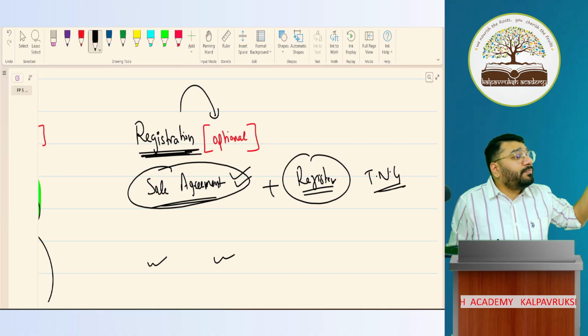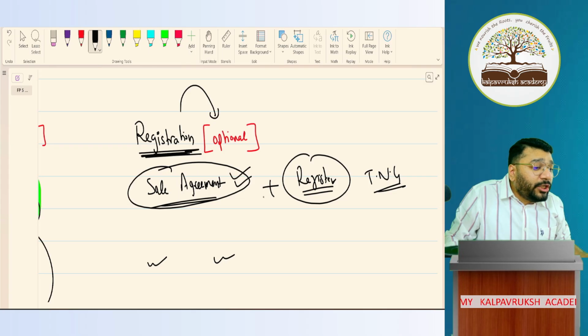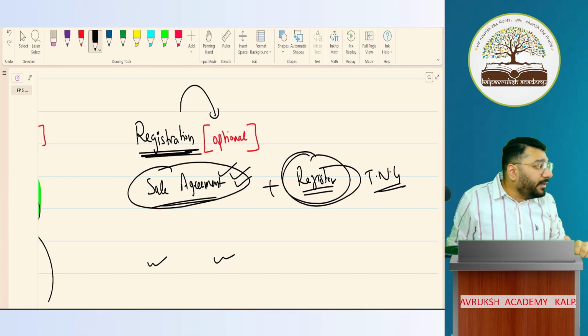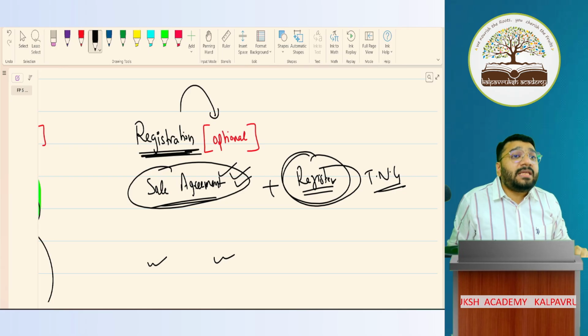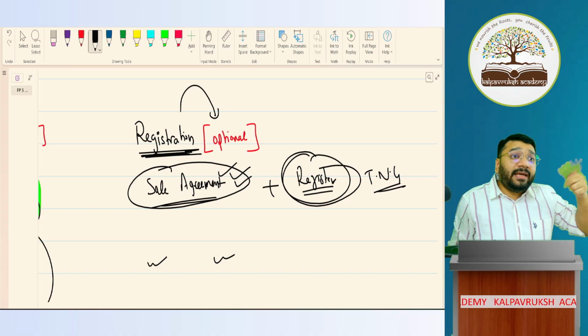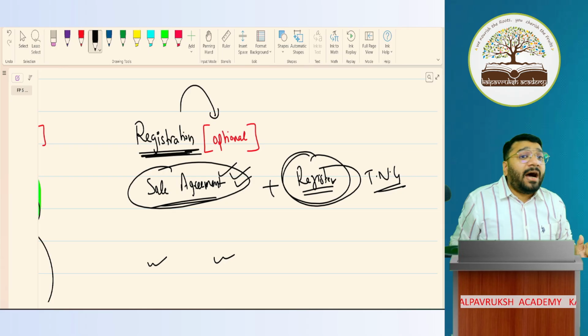If you're buying and selling land in Gujarat, you register it with the Gujarat government. If in Maharashtra, you register it with the Maharashtra government.